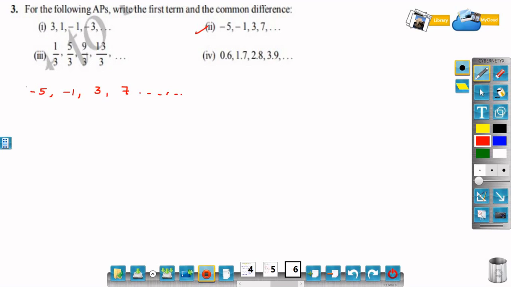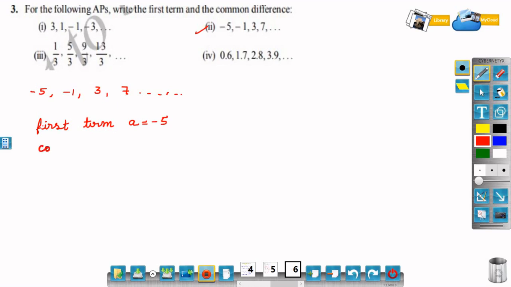Write the first term. What is the first term? We represent the first term by A, or A1 we represent by A, is equal to minus 5. First term is minus 5.